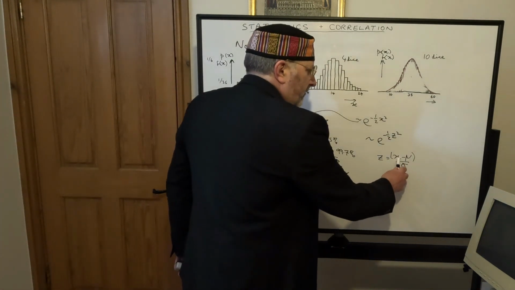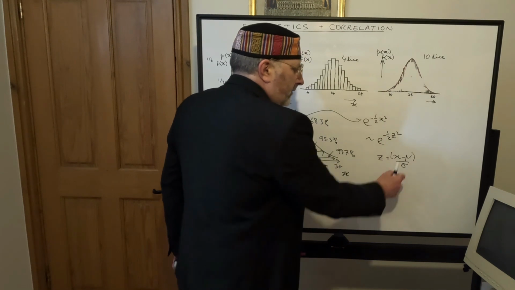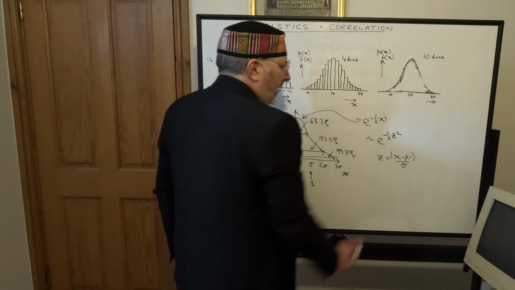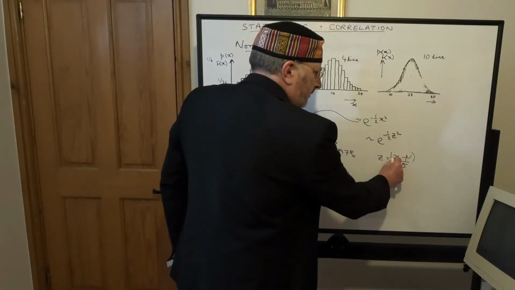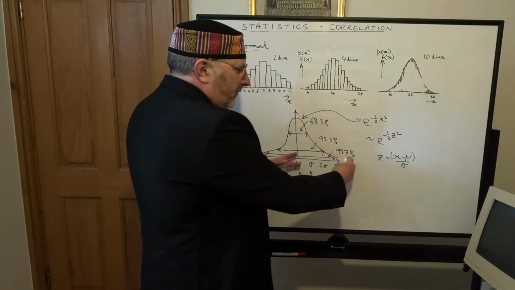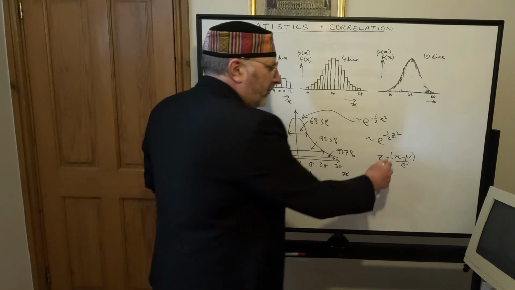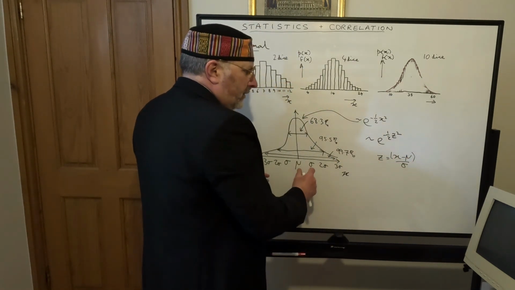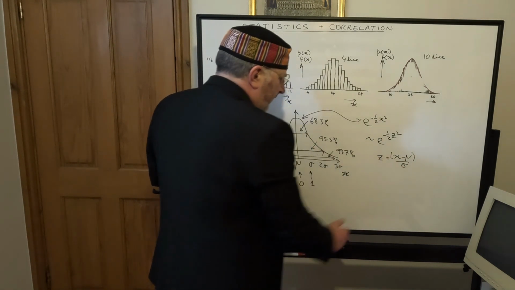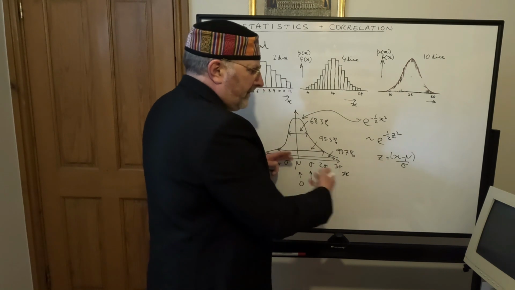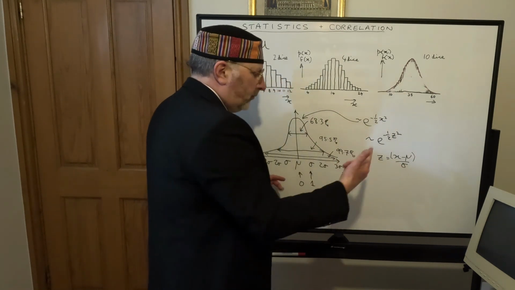It's the distance of the value from the mean converted into standard deviations, the number of standard deviations from the mean. So you can see that if we take not x but x minus mu, that will just shift the whole thing along to mu, because now it will be symmetrical about mu. Also, if we divide by the standard deviation, then 1 standard deviation divided by a standard deviation becomes 1.